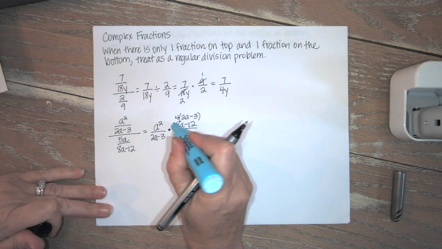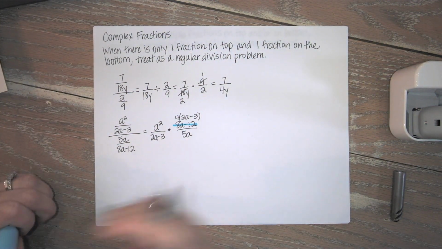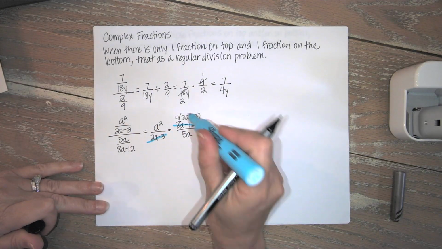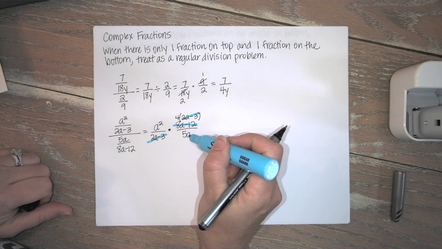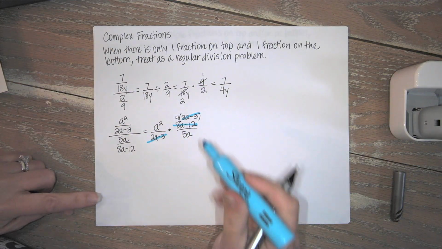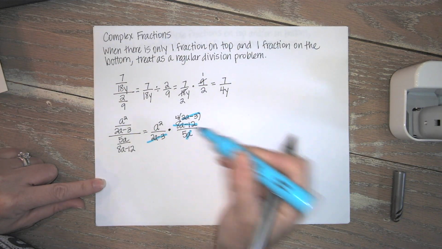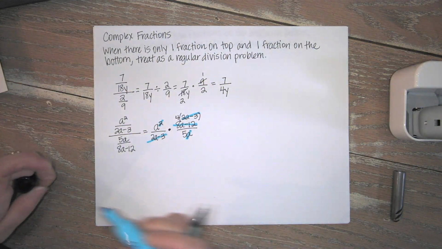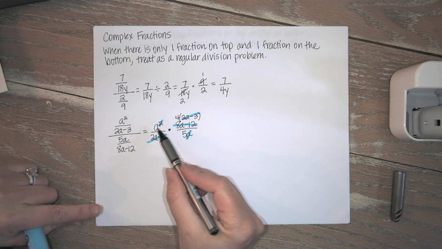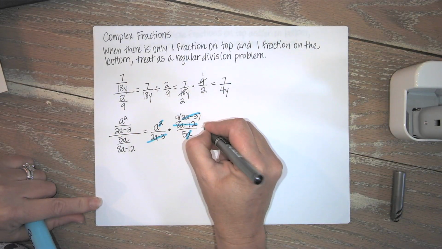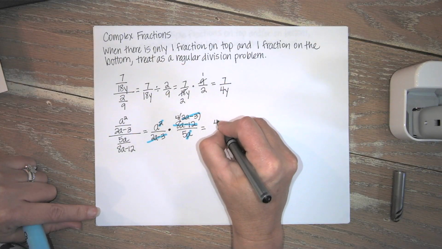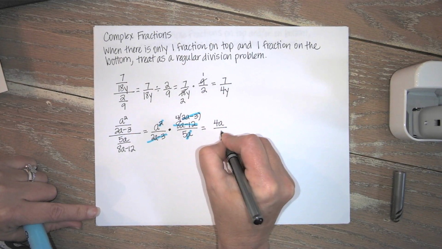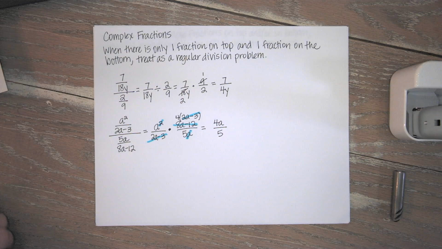Okay, now the 2a minus 3's can cancel. I also see that I have an a here on the bottom and an a squared on the top, so I know I can take one a off the bottom and one of these a's off the top, which will leave an a there. So on the top, what I have left is 4 times a is 4a, and on the bottom, I have a 5.